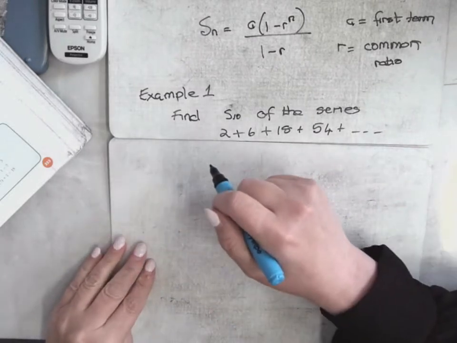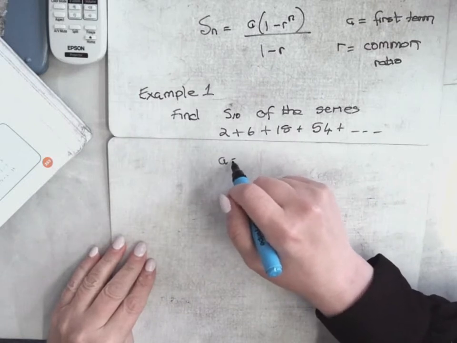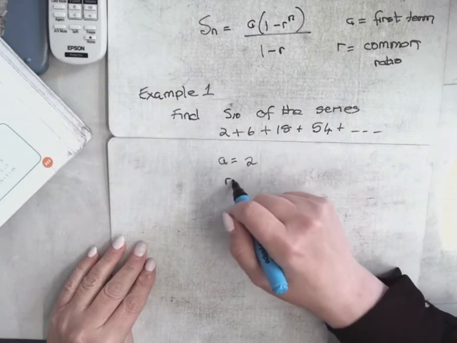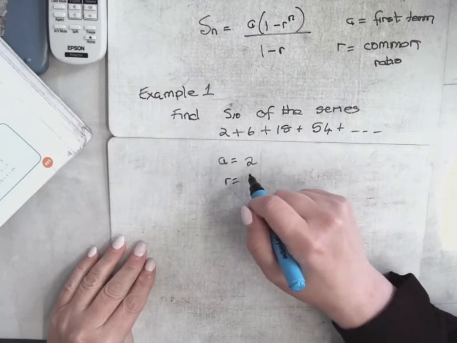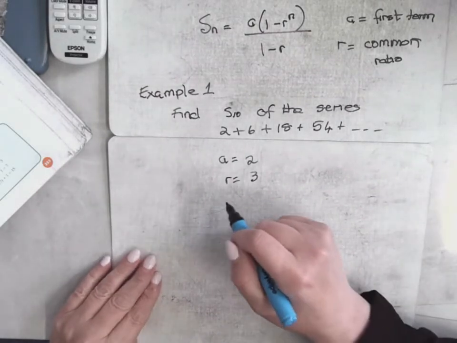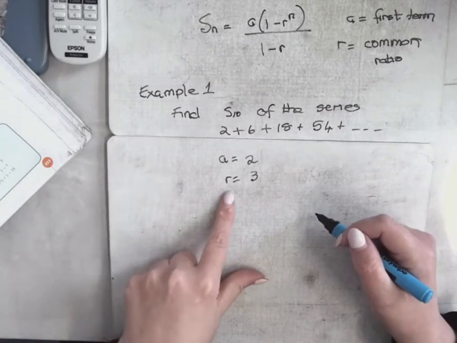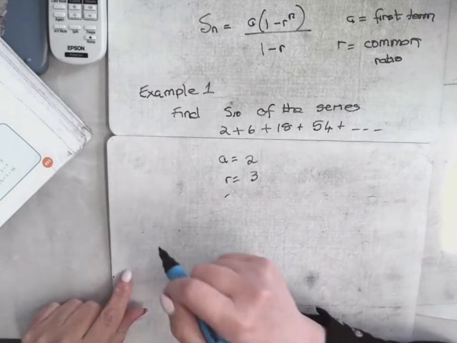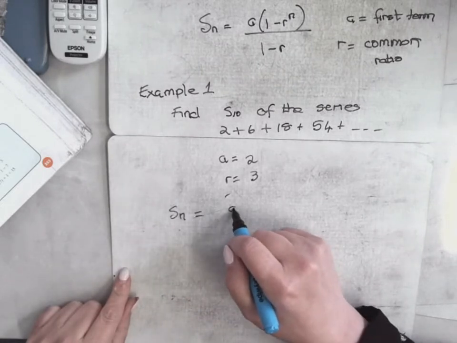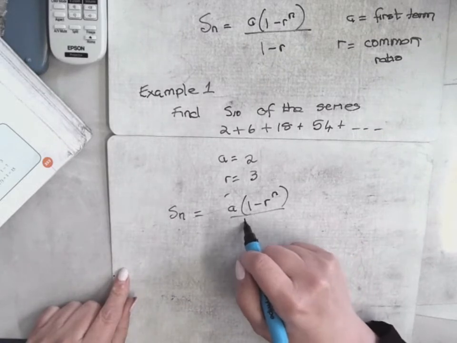Okay, so all we're doing is filling in this formula. A is the first term, so what's A? 2. R is the common ratio, what's the common ratio? 3, isn't it? You multiply by 3 every time. And n, I'm looking for S10, but I'll get Sn first just to show you the difference between them. So Sn is A times 1 minus r to the power of n all over 1 minus r.